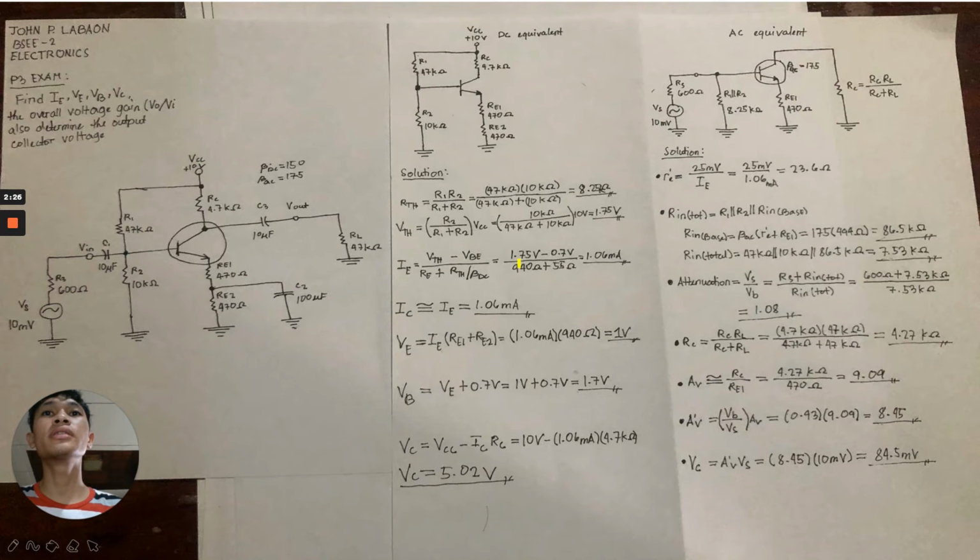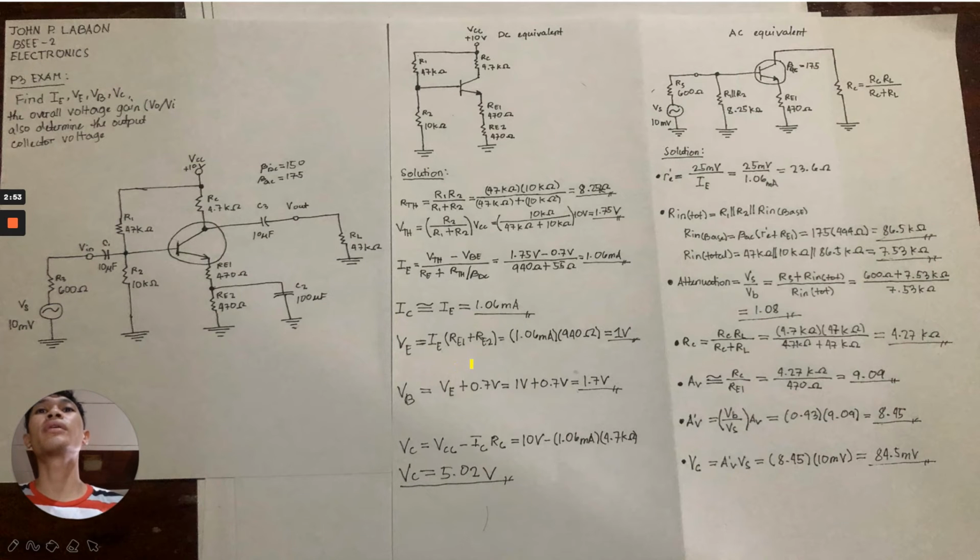Our Thevenin's voltage is 1.75 volts minus the VBE, which is constant at 0.7 volts, over 940 ohms plus 55 ohms. So we get IE equal to 1.06 milliamps. And our IC is approximately equal to our IE, which is also 1.06 milliamps.